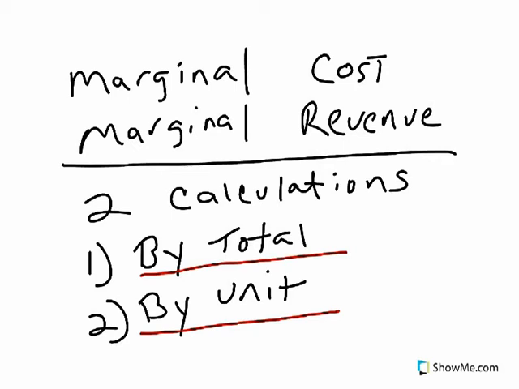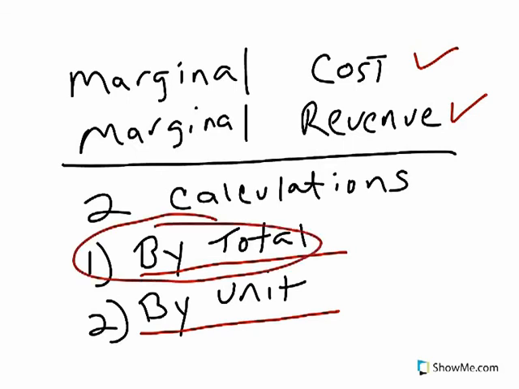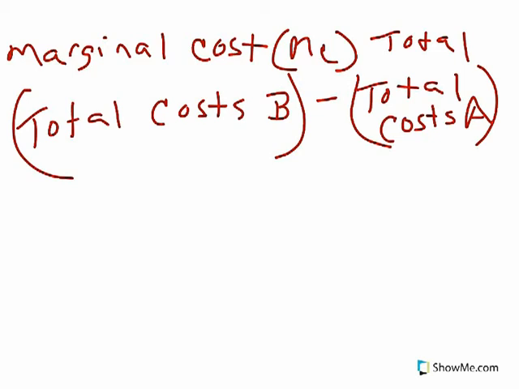So in order to accurately perform a marginal analysis, both need to be calculated using the same calculation. I will walk you through how to calculate marginal cost and marginal revenue both in total and by unit. First, let's look at how to calculate marginal cost or total marginal cost.